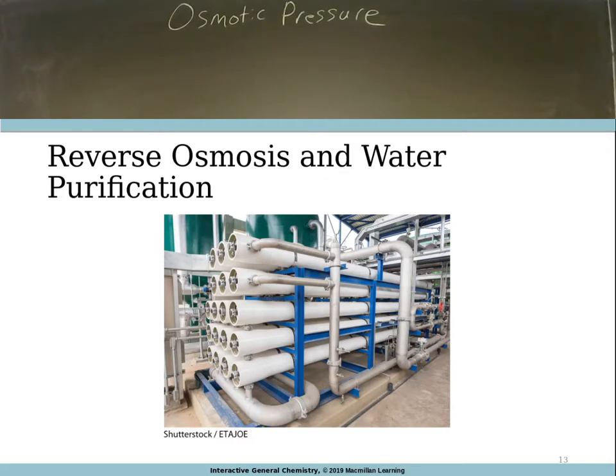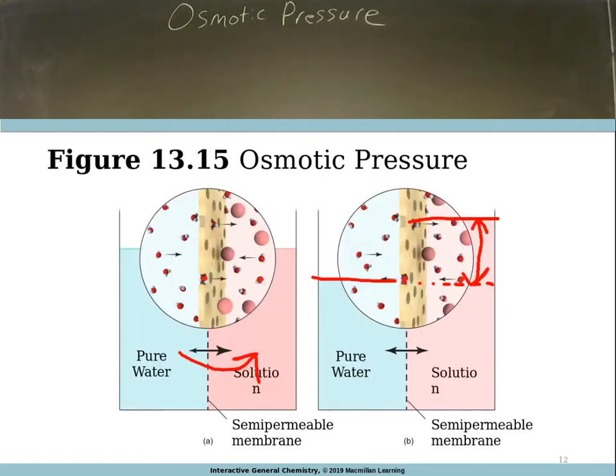What they have is just a series of these semi-permeable membranes, and you need to apply a high pressure. If I can go back here, if I apply a pressure on the right side mechanically, then I can actually force the osmosis process to act in reverse.